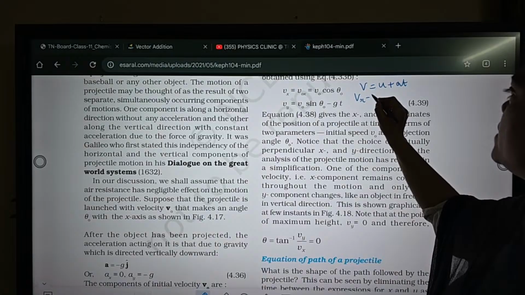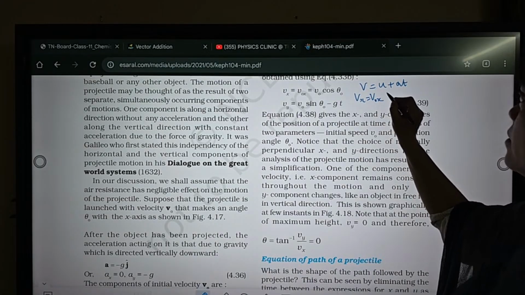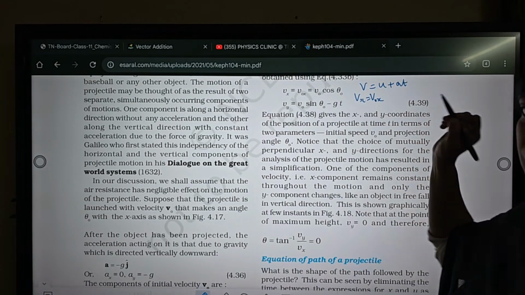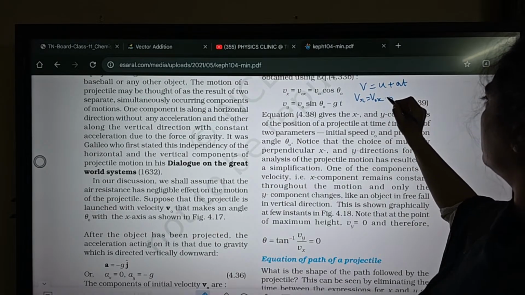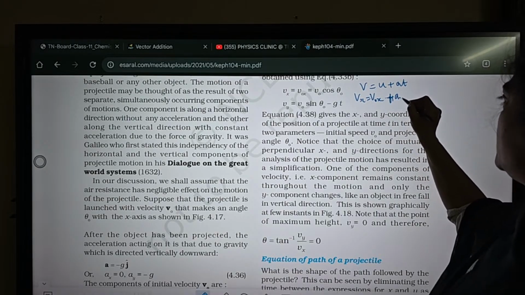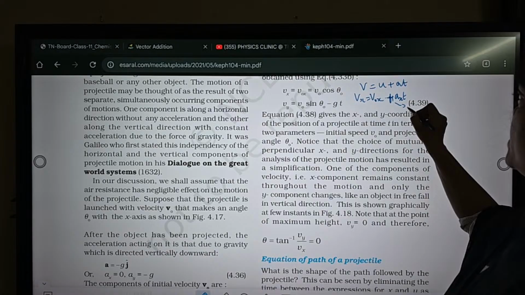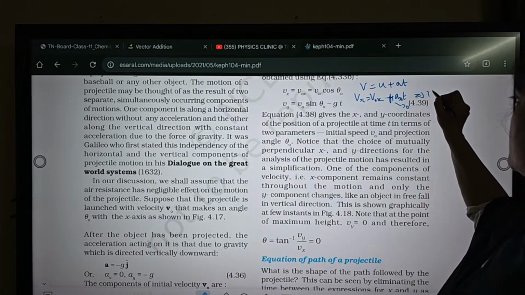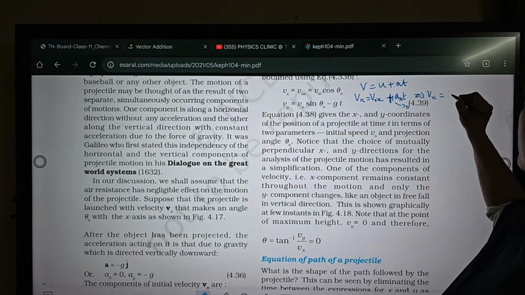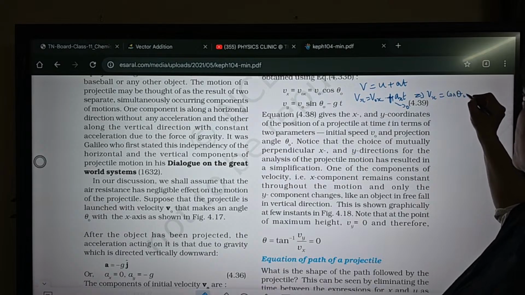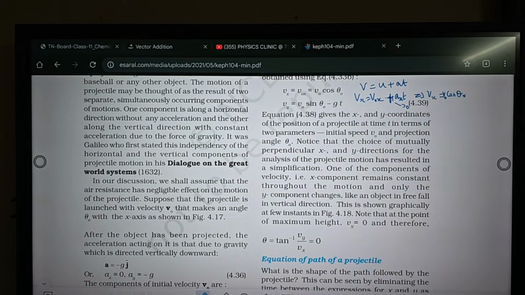U can be written as v naught x, the initial velocity. V naught x plus ax t. You know ax will be 0. So vx is equal to v naught x, which will be v naught cos theta naught. Is it clear? So this will be the third equation we can write.